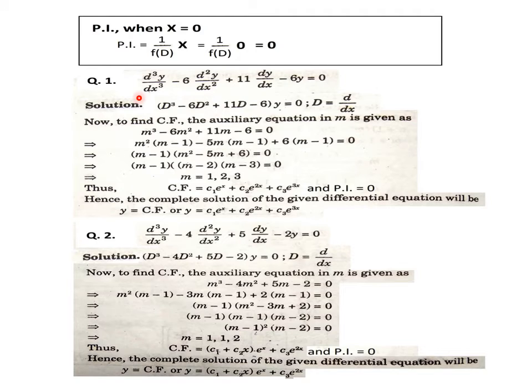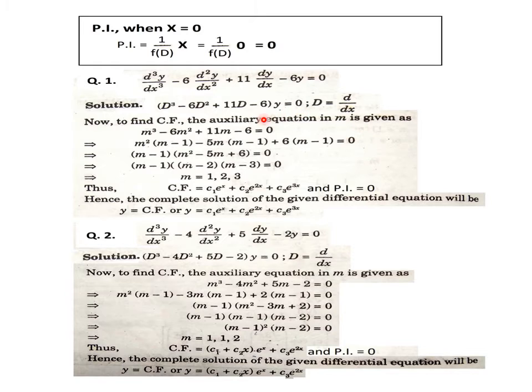Now we discuss the solution of question number 1, given as d3y by dx cube minus 6 d2y by dx square plus 11 dy by dx minus 6y equals 0. We assume small d by dx equals capital D, it reduces to (D cube minus 6D square plus 11D minus 6) y equals 0, with y as a common operand.